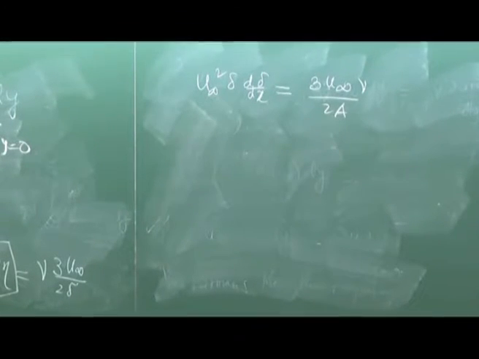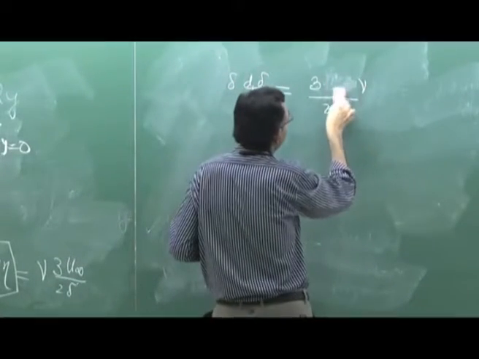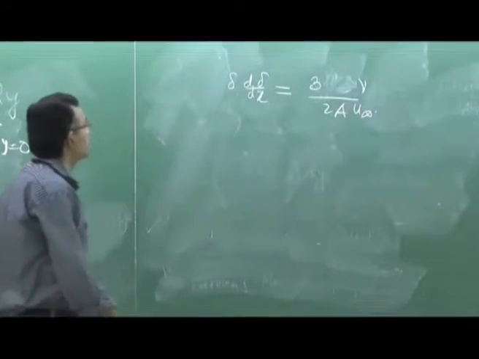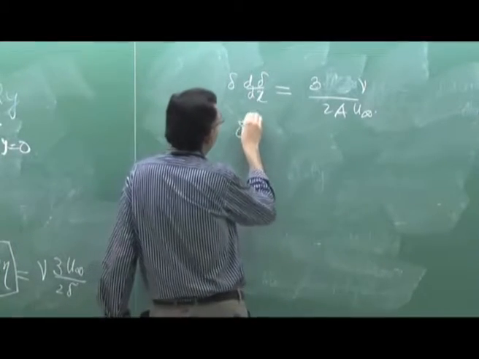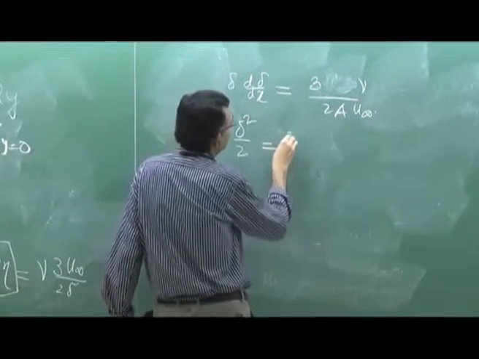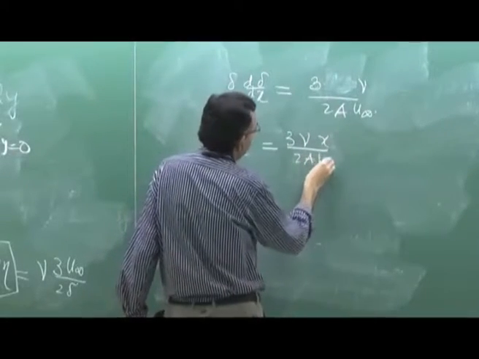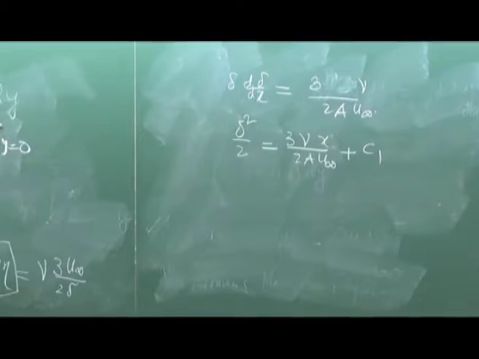So, let us write u infinity here in the denominator. So, delta square by 2 is equal to 3 nu x by 2 a u infinity plus some constant C1.